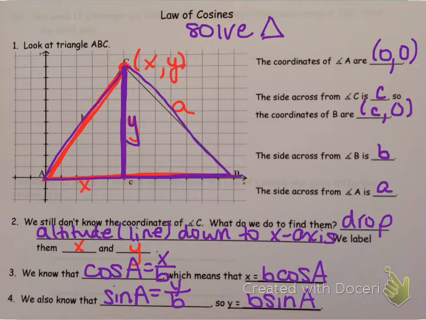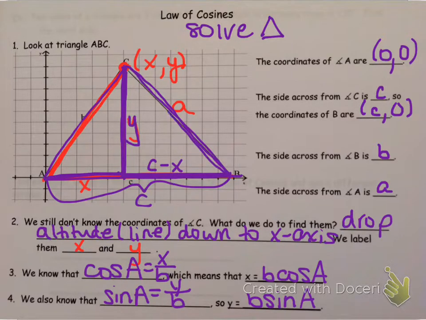We know the length of this side because the total length of this is c, and this little section of it is x, so the length would just be a matter of subtraction: c minus x. And that means to find the final piece of information about our triangle, we could use the Pythagorean theorem.